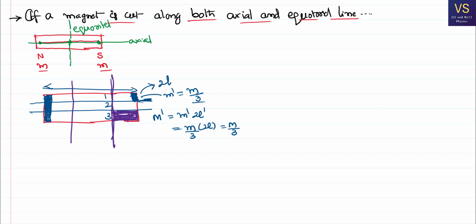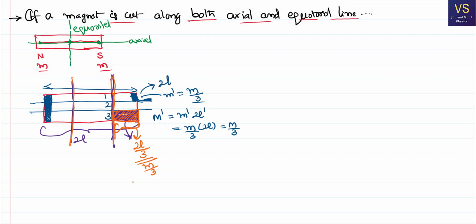What is the new length? This is the total length 2L and this is the part of the length. As you have made it into 3 parts along the equatorial line, that is vertically, each piece will have a length of 2L/3. Even if you cut it this way, the number of molecules in each piece is not affected, so the pole strength remains the same.